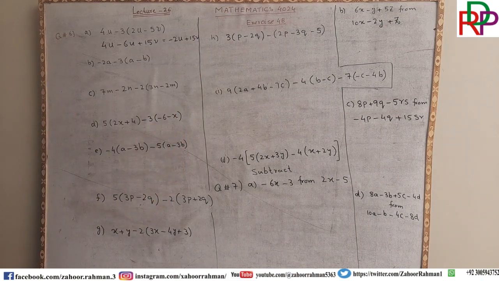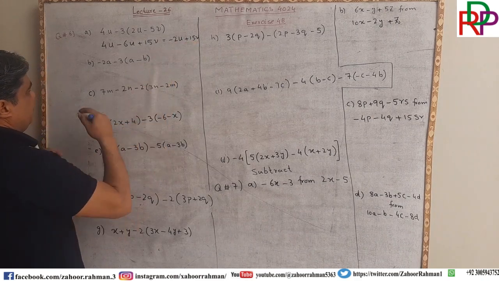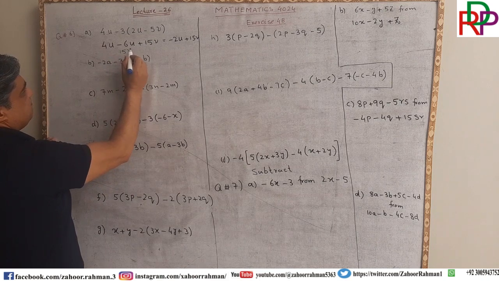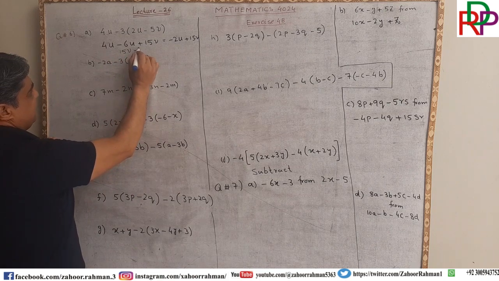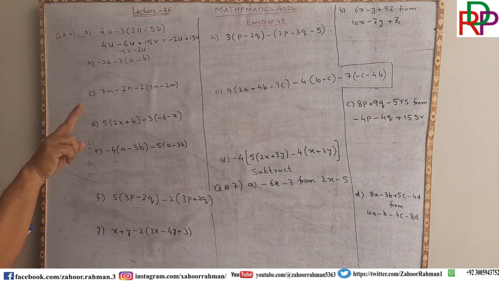Ladies and gentlemen, it must be your thought that this is also the correct answer, but keep one thing in mind, that you should write the positive value first and then minus 2y. If you are commuting, it doesn't matter.